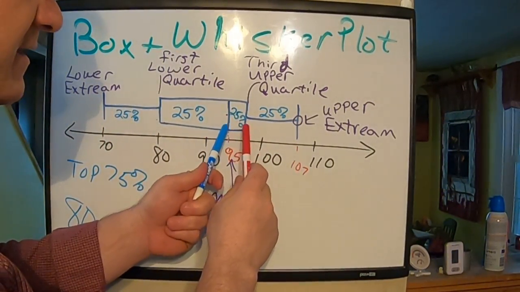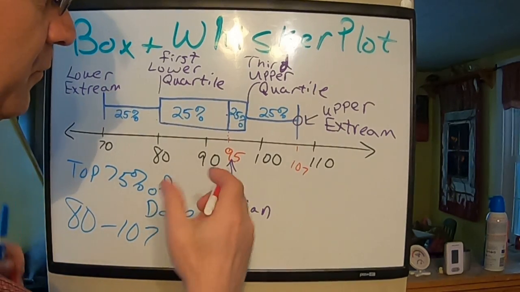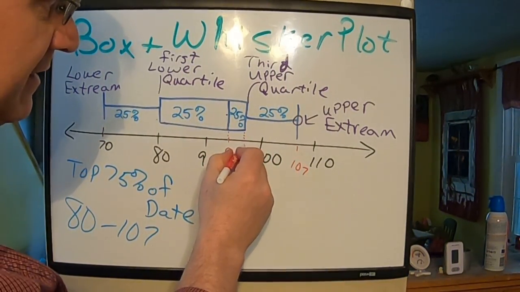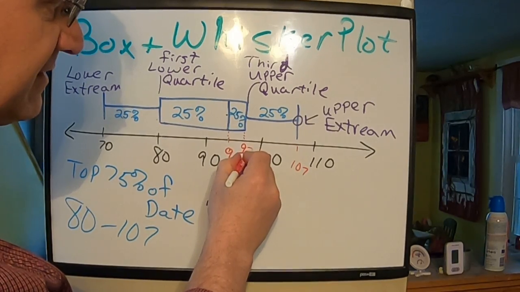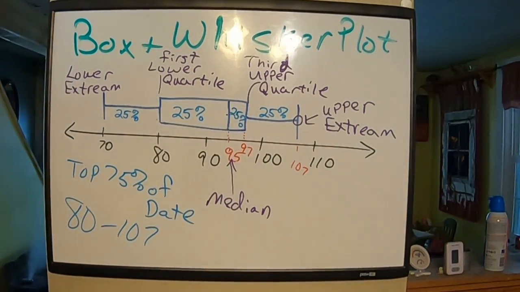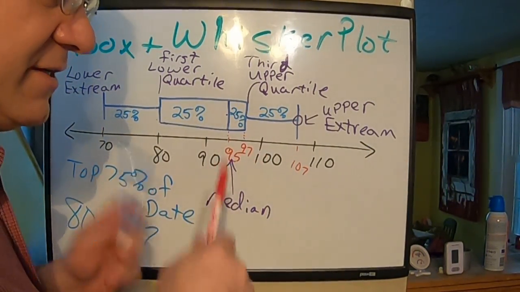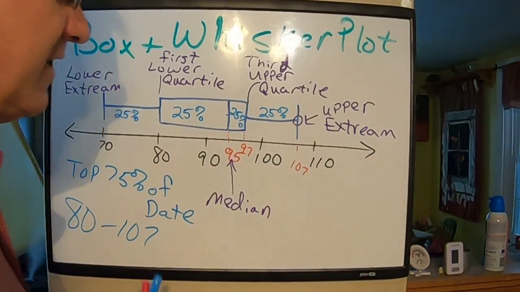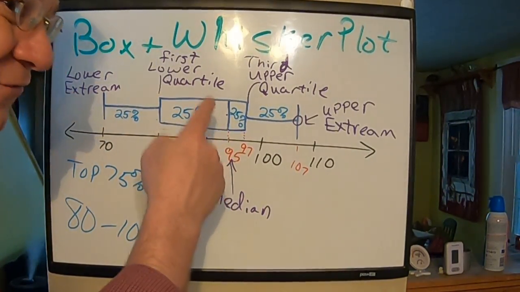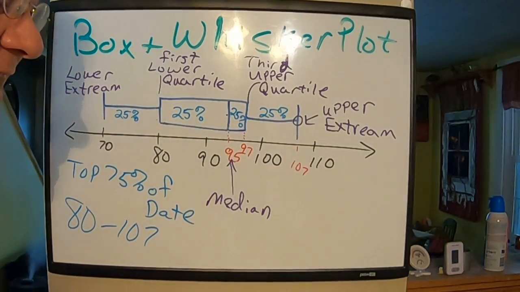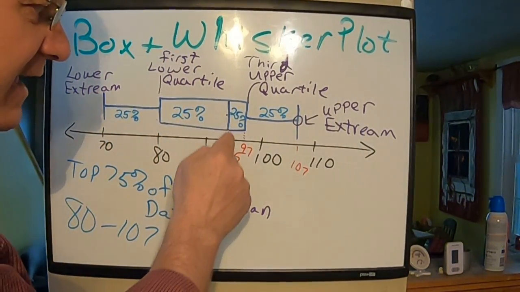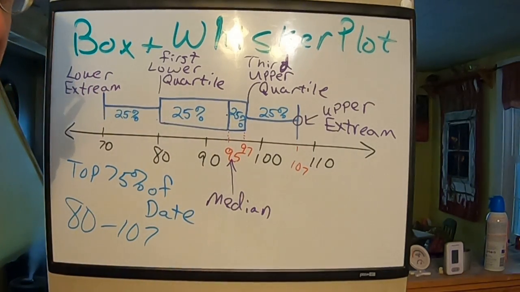This is very condensed. We don't have a value for this, but we could call it, say, 97 or 98, whatever it is. Usually it's going to be listed. If you look at this, that's saying 25% of all this data is squeezed into 95, 96, or 97.